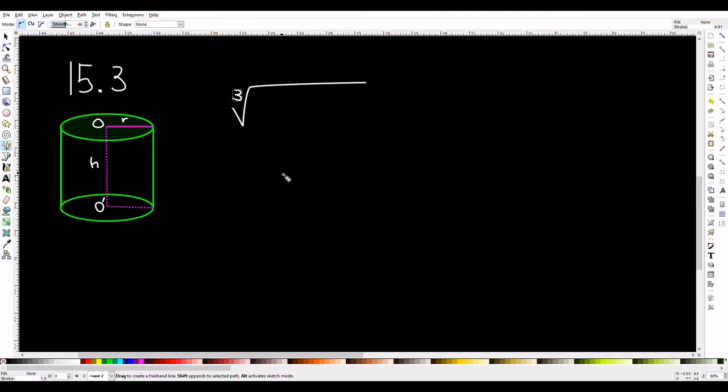and a variable cubed undoes a cube root. So let's look at an example.